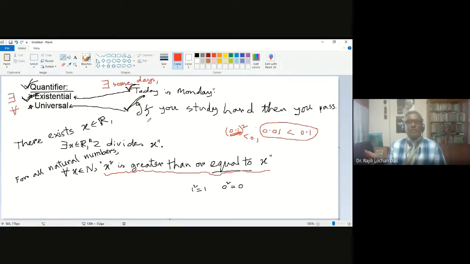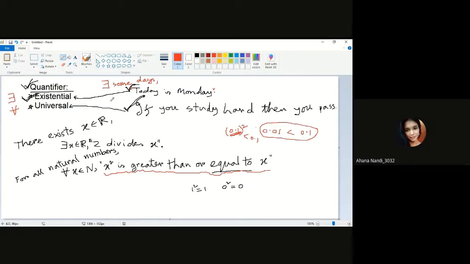Now about this sentence: if you study hard, then you pass. Do you think it is applicable for every person? No, sir.